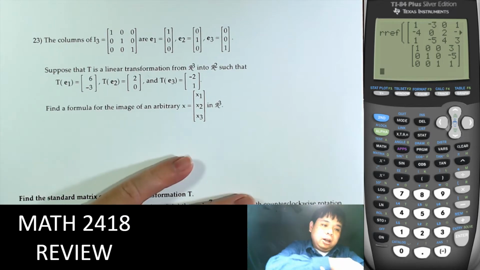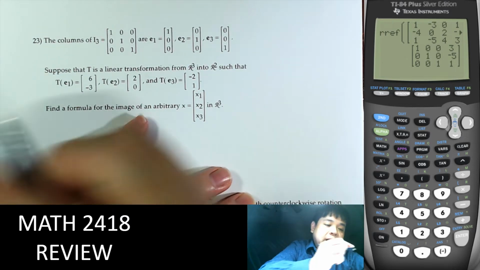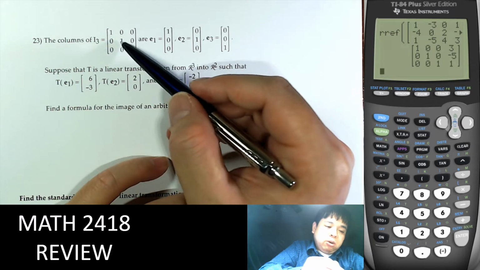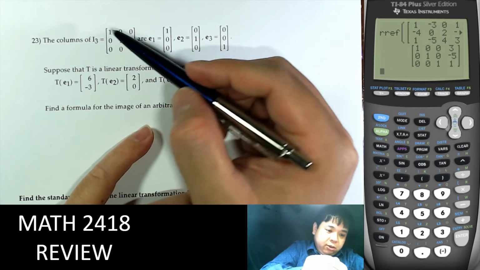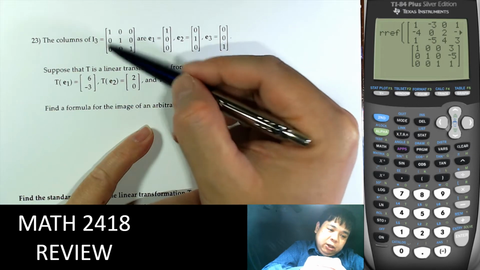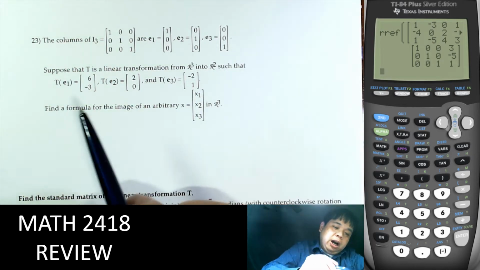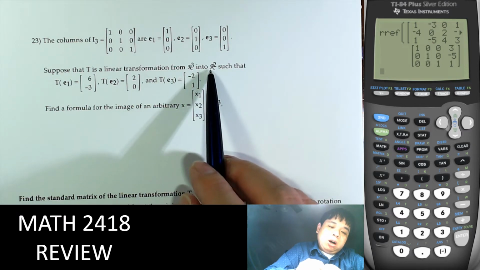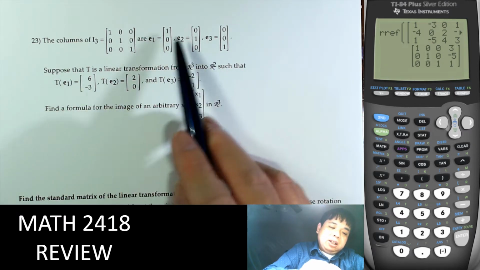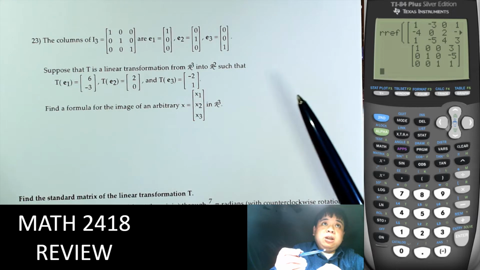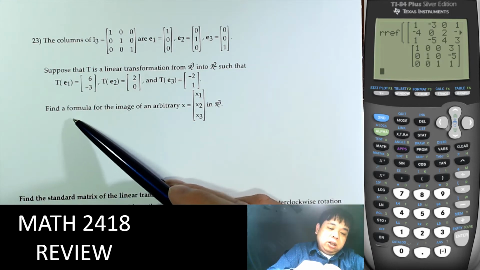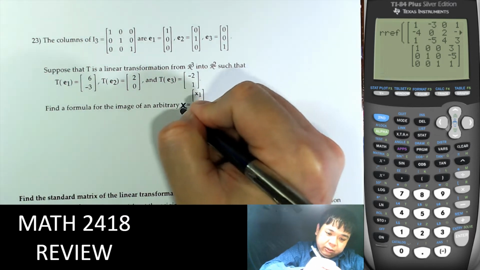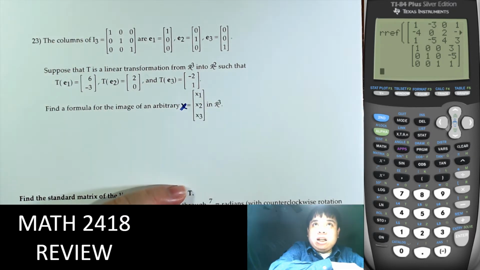Right, next. The columns of the identity matrix of order 3 are 1 0 0, 0 1 0, 0 0 1, so columns E1, E2, E3. Suppose T is a linear transformation from R3 to R2 such that it maps E1, E2, E3 into this. Find the formula for the image of an arbitrary vector X in R3.